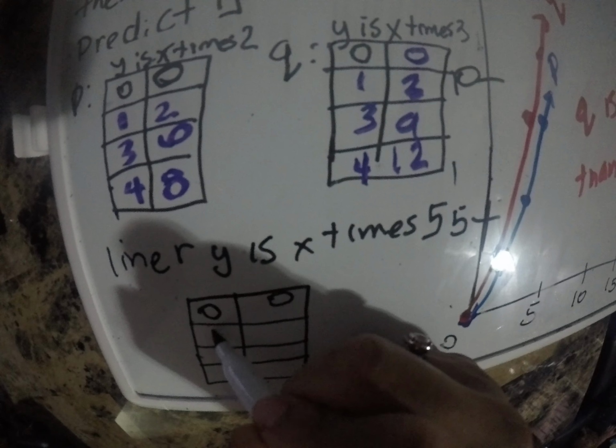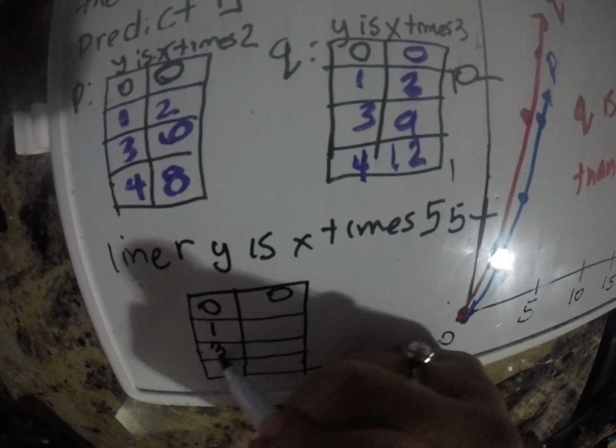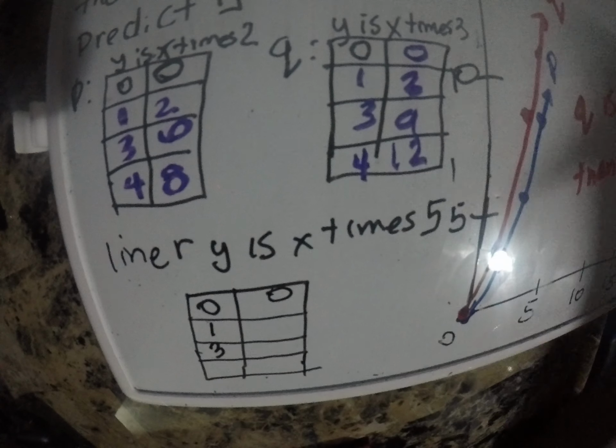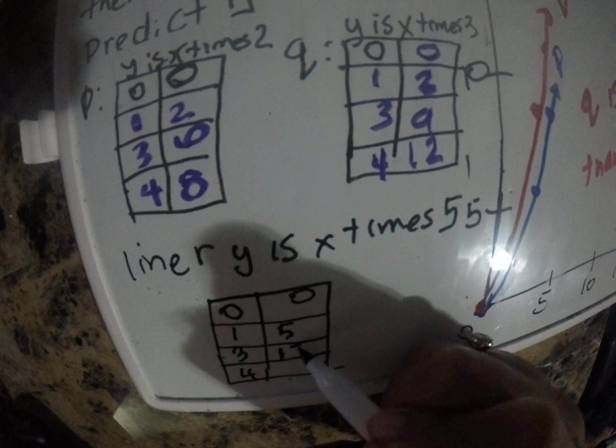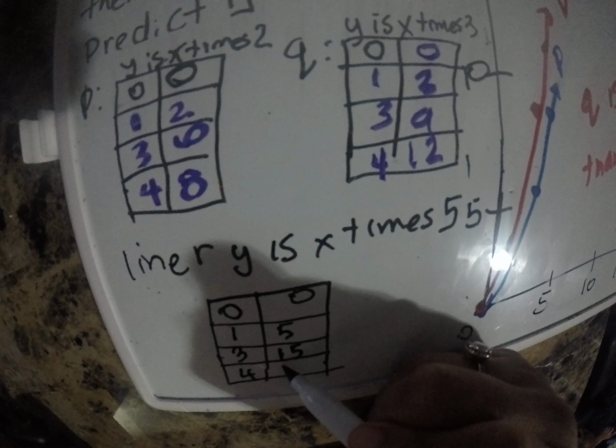I'm going to use the same numbers, 1, 3, and 4. 1 times 5 is 5. 3 times 5 is 15. And then 4 times 5 is 20.